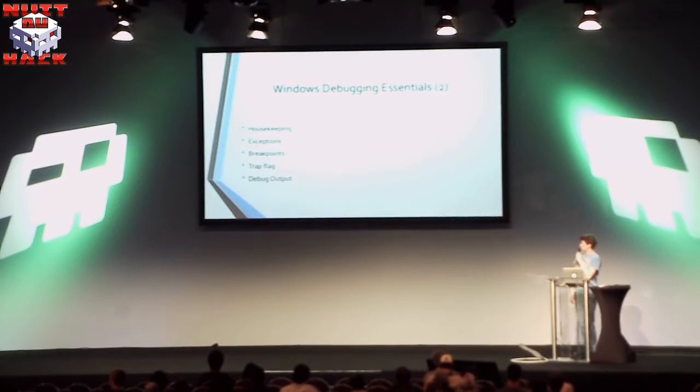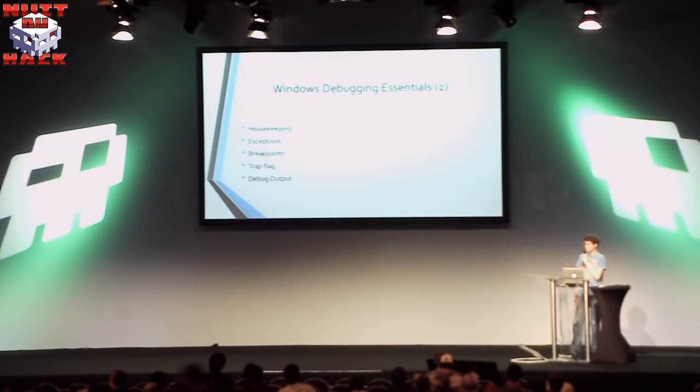Then there are exceptions. If you do something wrong, the processor will say something's wrong and throw an exception. The whole purpose of the debugger is to intercept those so you can interact with your program in the crashed state, so you can find or fix bugs.